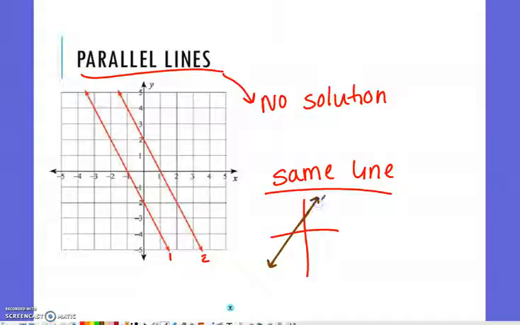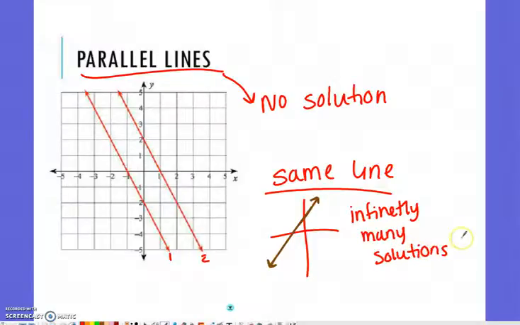If it's the exact same line, that's infinitely many solutions, or basically all real numbers. Basically means everything's a solution because they touch everywhere. They cross in every direction. So parallel lines have no solution. You'll see this a lot more. You will see this rarely, but if it's the exact same line on top of each other, it's infinitely many solutions.